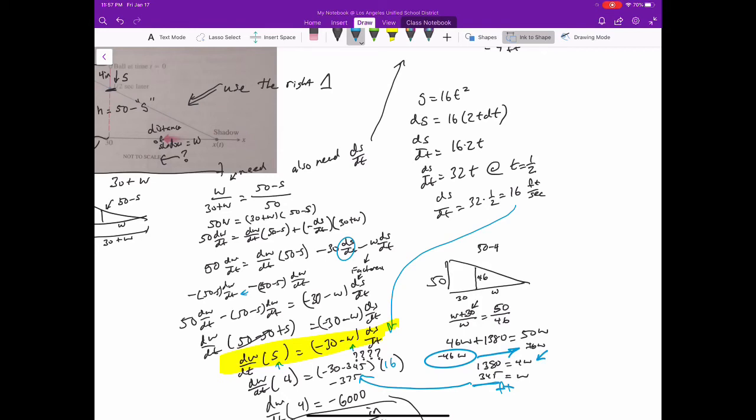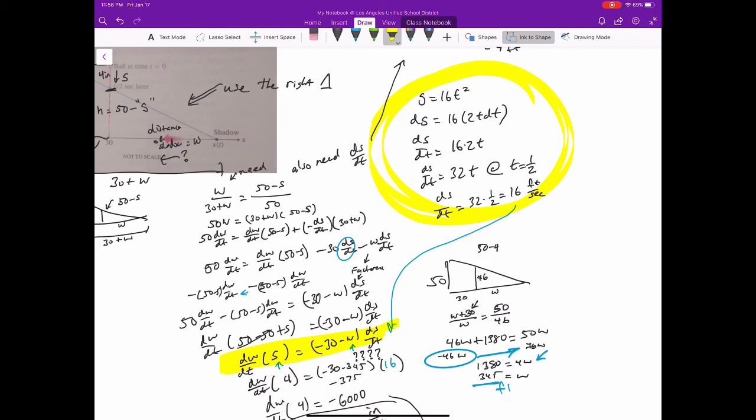Our next problem, going to the back of the problem right here, is our dS/dt. We also don't have a dS/dt. So if you check this section right here, we know that S is equal to 16t squared. So I'm trying to get dS/dt. So I'm going to take the derivative of both sides.